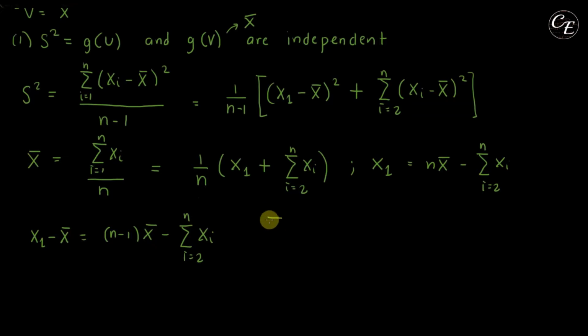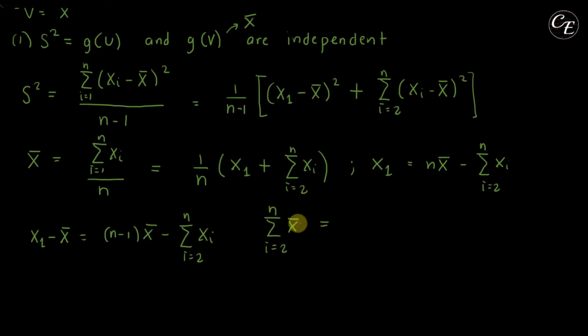Then we know that in the summation of x bar from i equals 2 to n, the value of x bar is not affected by any value of i, so it is a constant for this summation.